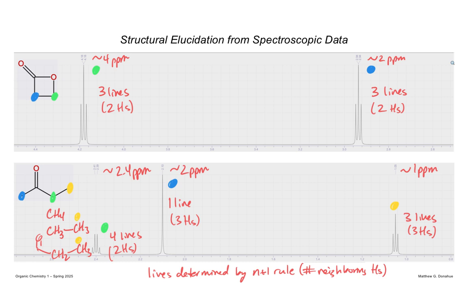So that carbon has 2 substitutions. So it needs to push it even further to the left than the blue carbon, which only has 1 substitution. But then you can also use this N+1 rule to add confidence to that.